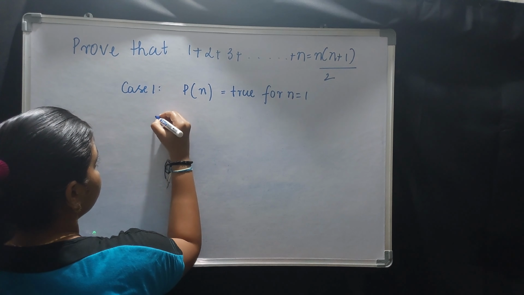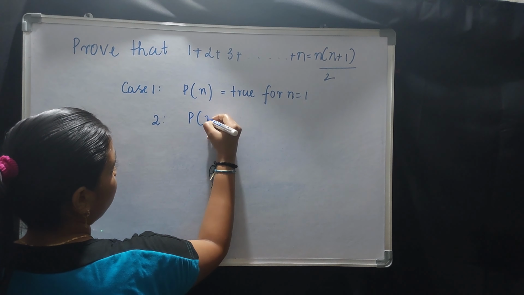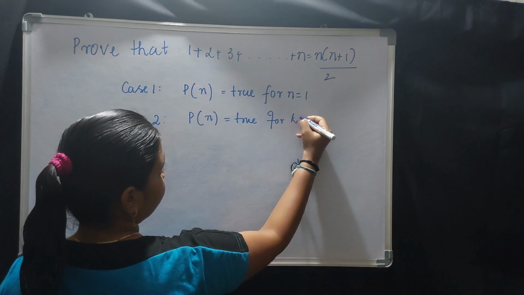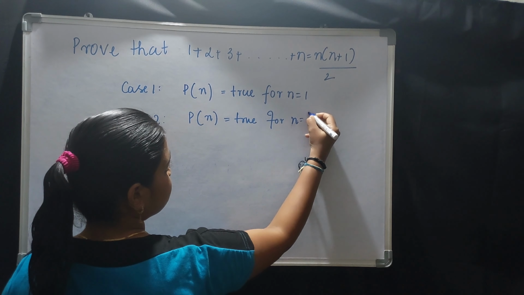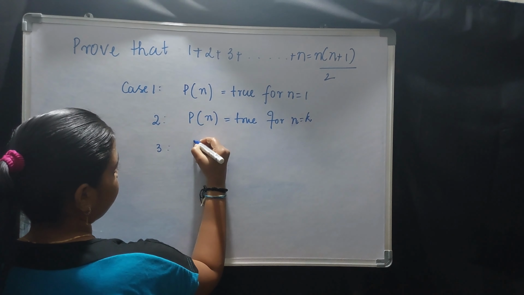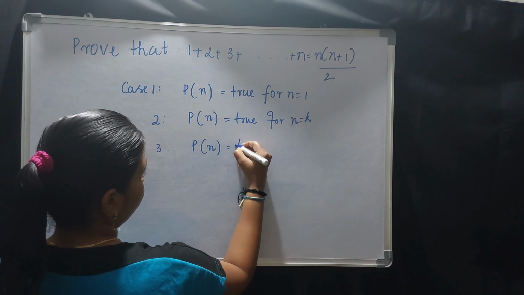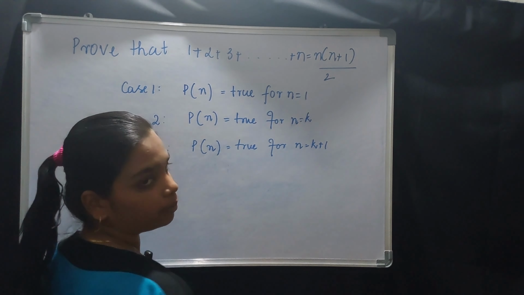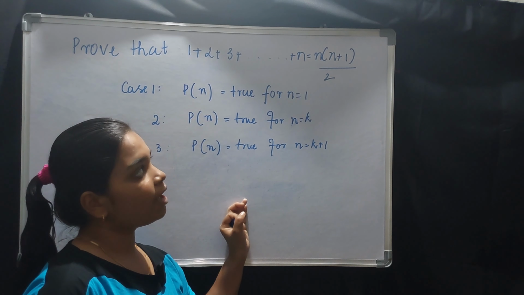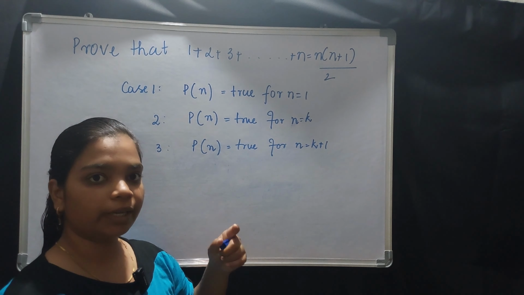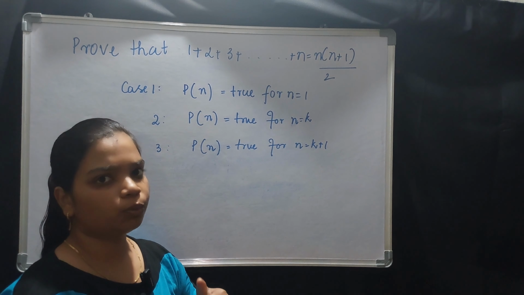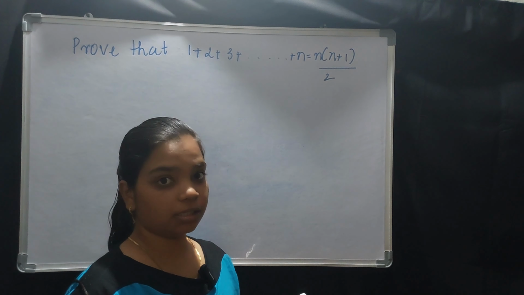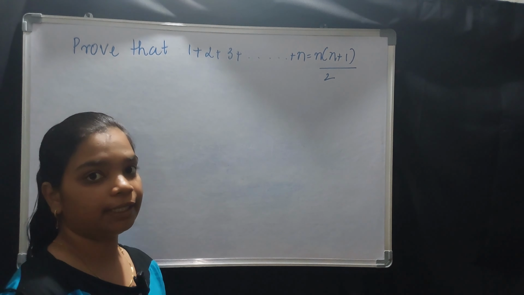Case 2 says P(n) is true for n equal to k, and case 3 is P(n) is true for n equal to k + 1. These are the three cases that we have to prove, and if we prove the three cases, we shall be good to prove it via the principle of mathematical induction.